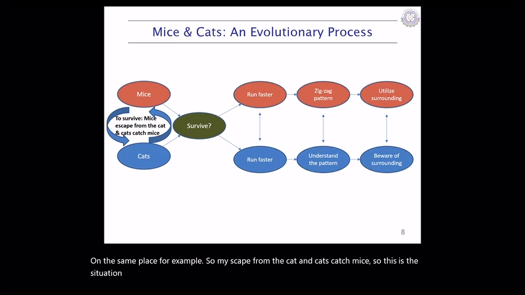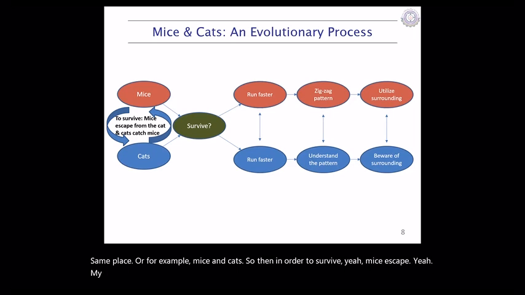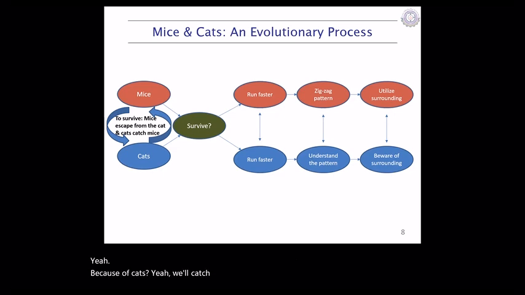We put mice and cats in the same location, and in order to survive, mice have to escape from that place, because cats will catch the mice. That is a problem for mice actually. So that's why mice have to escape. So then how to survive?